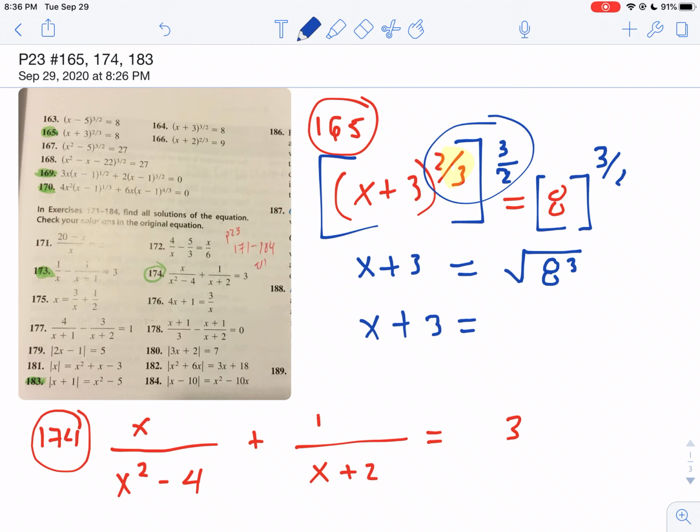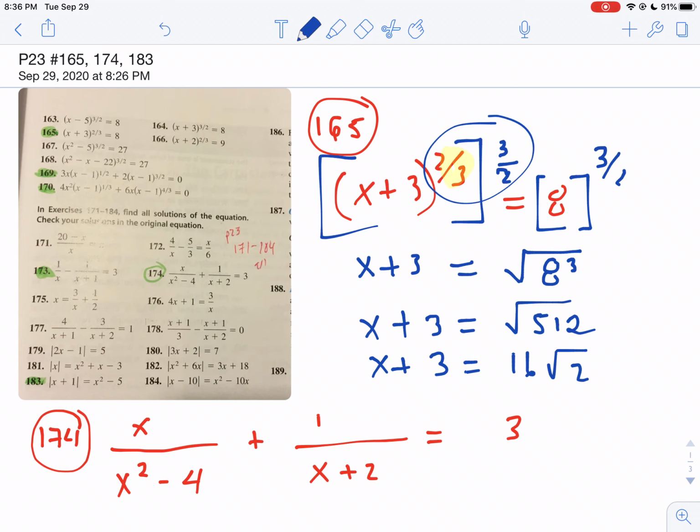That is 512, and then you want the square root of 512, which is 16 radical 2, I believe. Let me just double check that. All right, yep, so that's what you have.